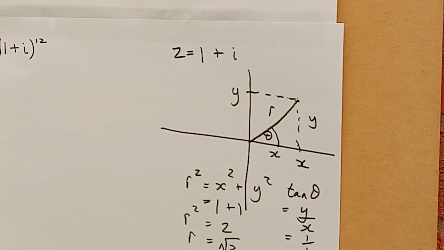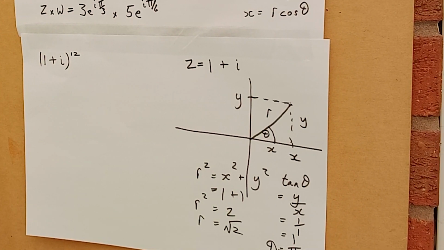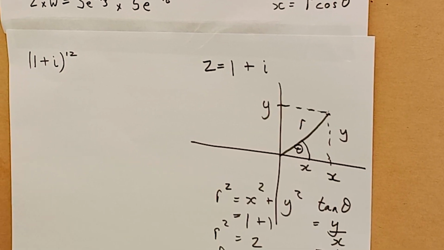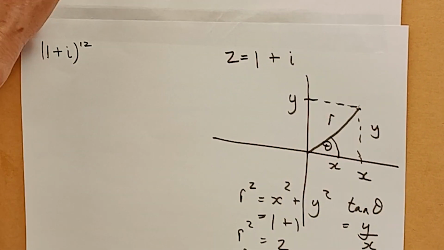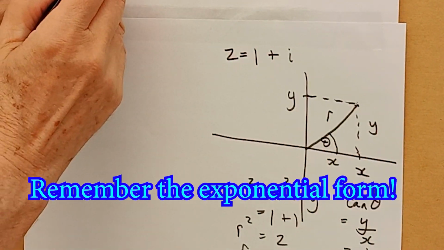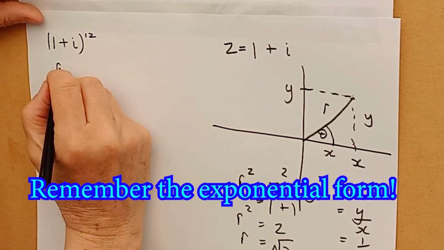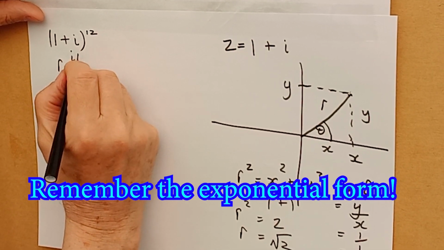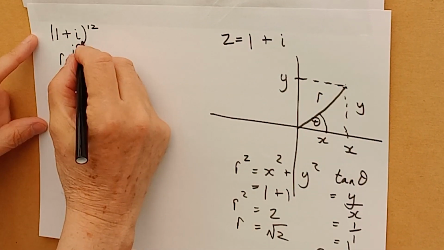Okay, so we can now write this in the exponential form. z equals 1 plus i. z is also r e to the i theta. So r e to the i theta, that's z, to the power of 12.